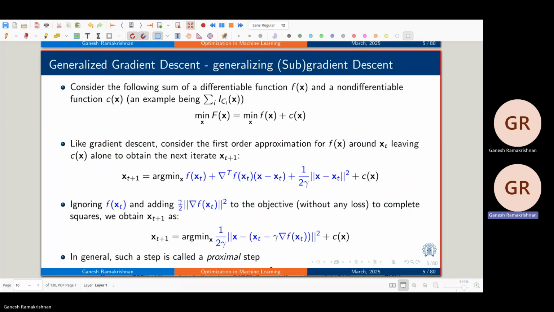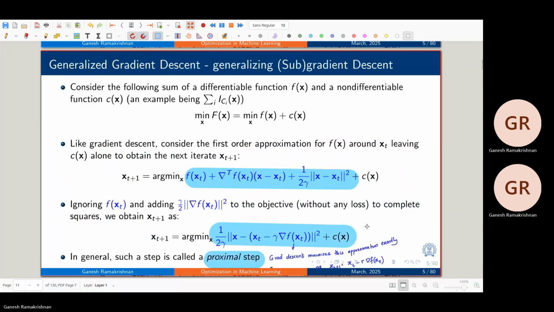Hereafter I'll just replace this quadratic approximation with proximal. So, proximal step plus Cx. Again, if it had no C at all, it's business as usual. Gradient descent will minimize exactly this approximation.